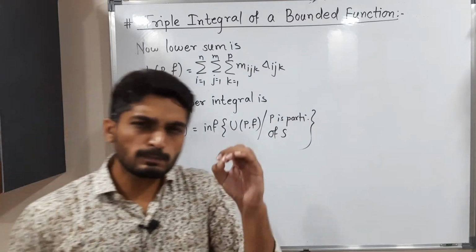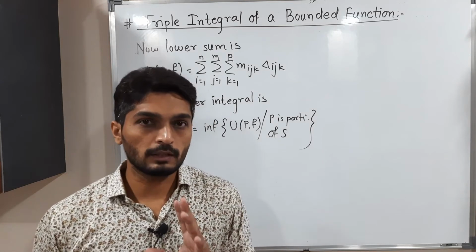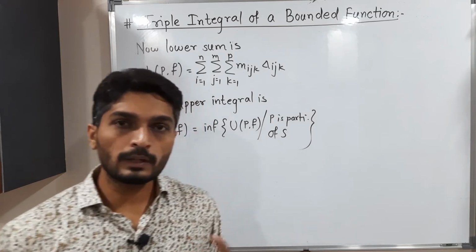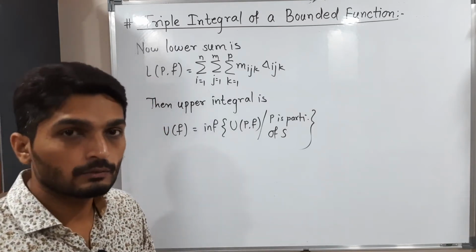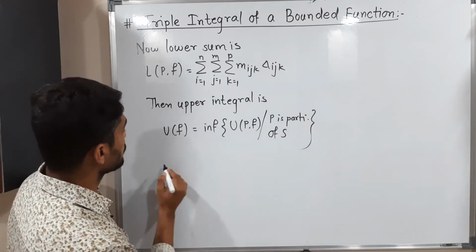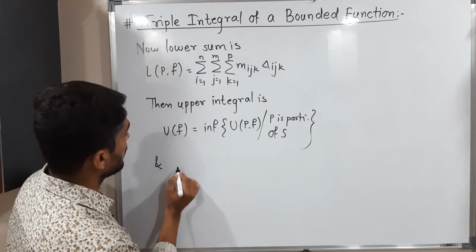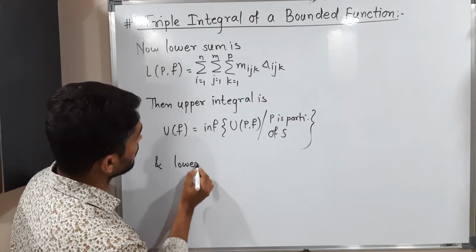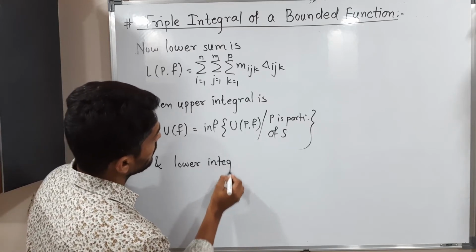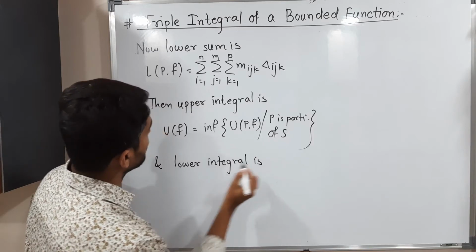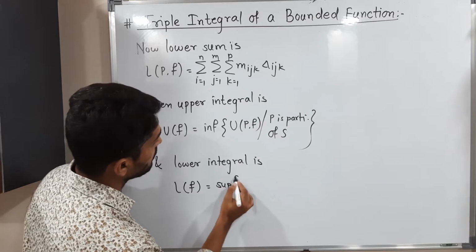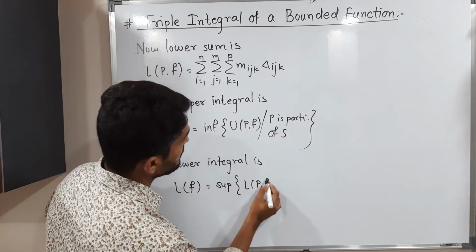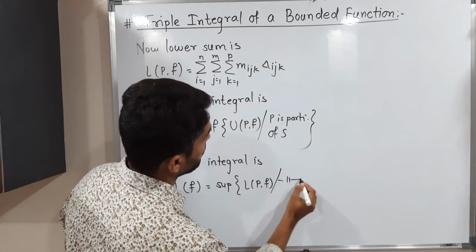So we take the smallest upper sum, that is our upper integral, and the lower integral means the supremum of LPF. So the lower integral is LF, equal to the supremum of LPF, where P is a partition of S.